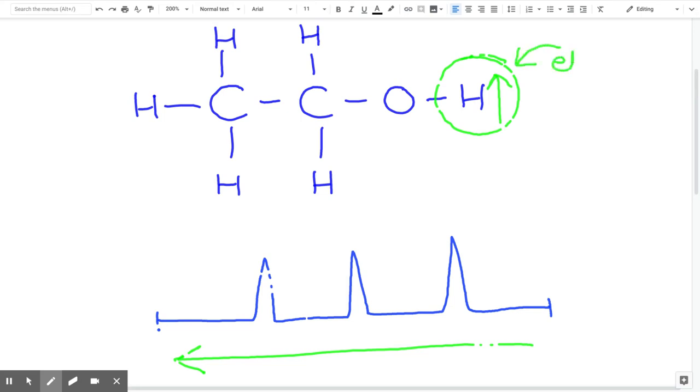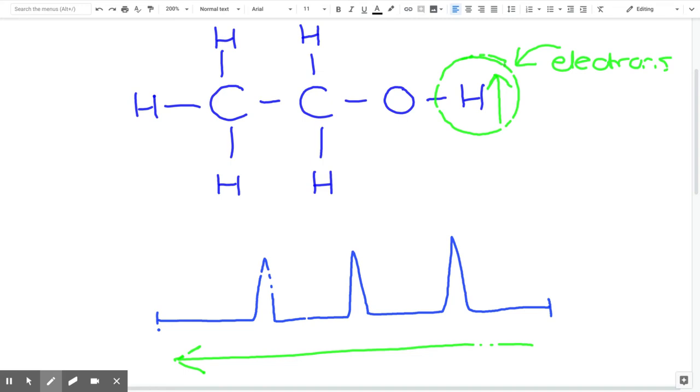Okay, those negatively charged electrons are going to shield the positive nucleus from the outside, the applied magnetic field.